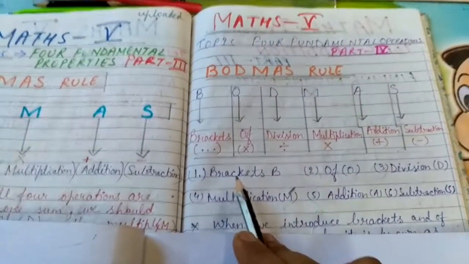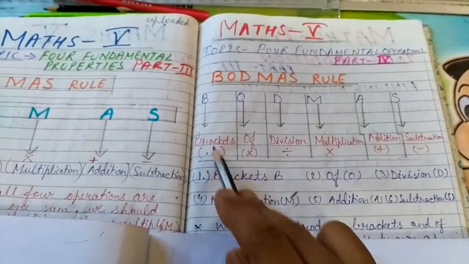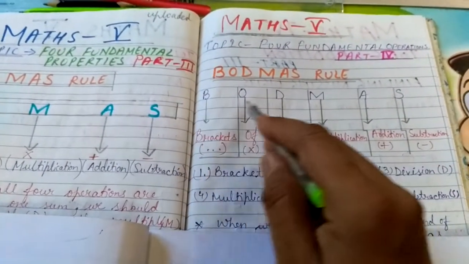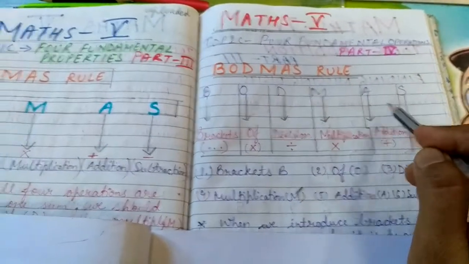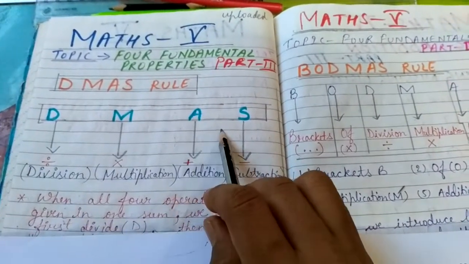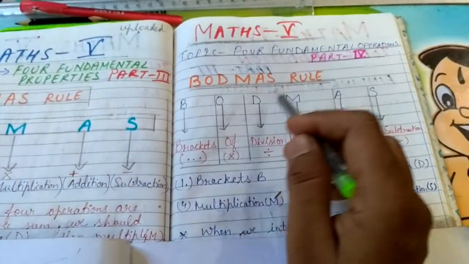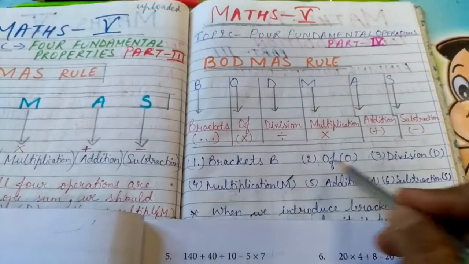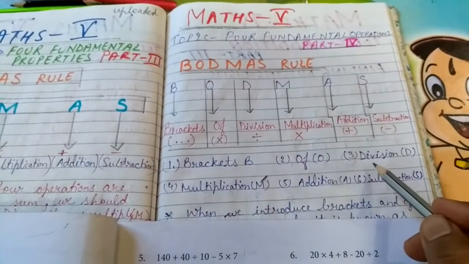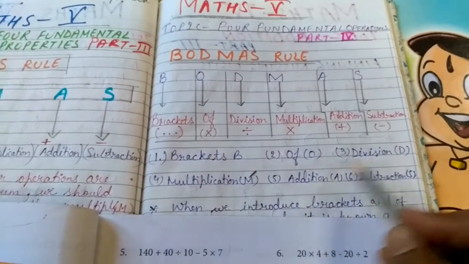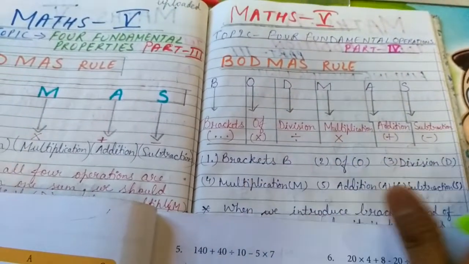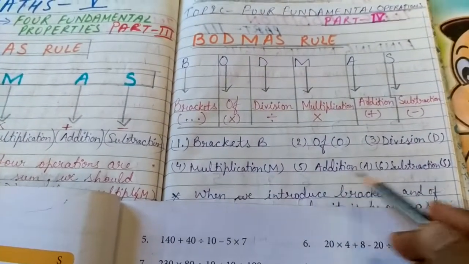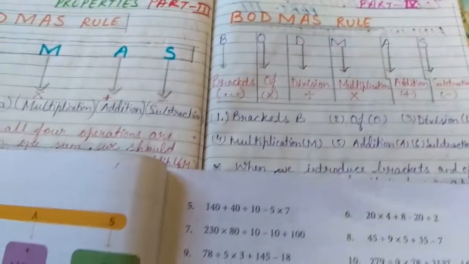Again I am revising: the first one is B for brackets, and this complete rule is known as the BODMAS rule. It was known as the DMAS rule, and now this is the BODMAS rule. So first is B for brackets, O for of, third D for division, fourth M for multiplication, A for addition, and S for subtraction.